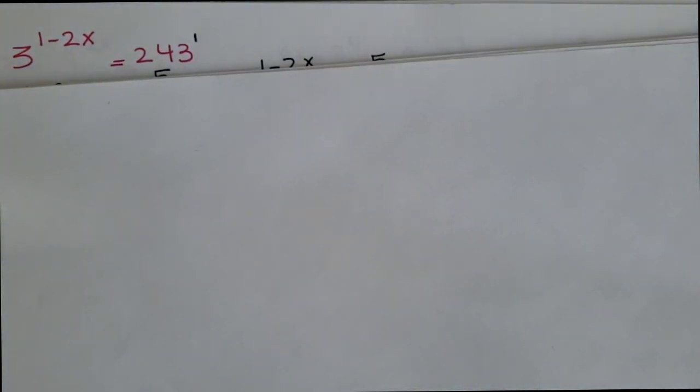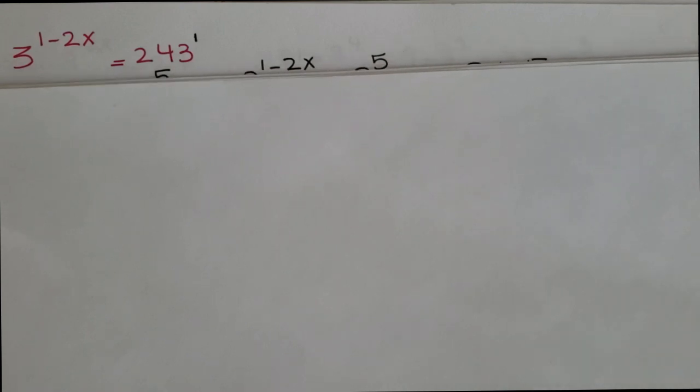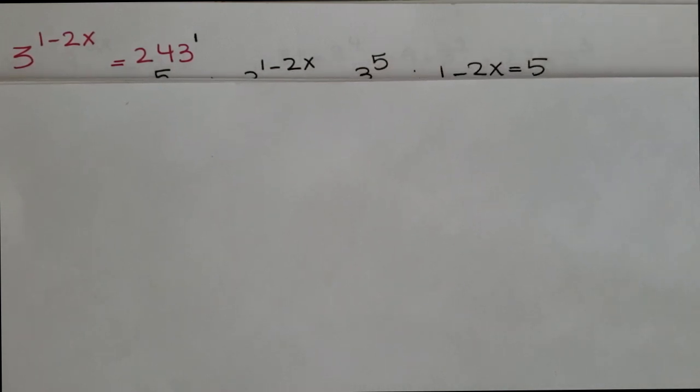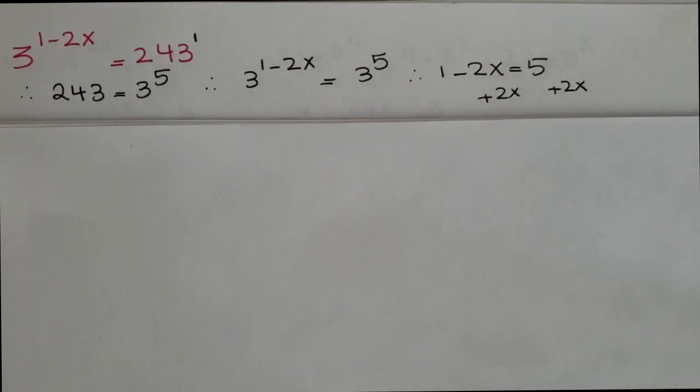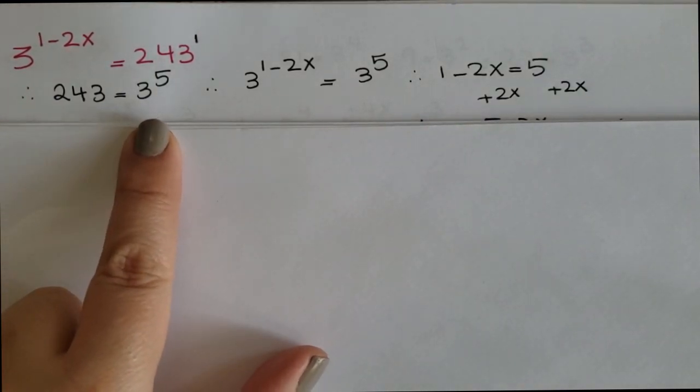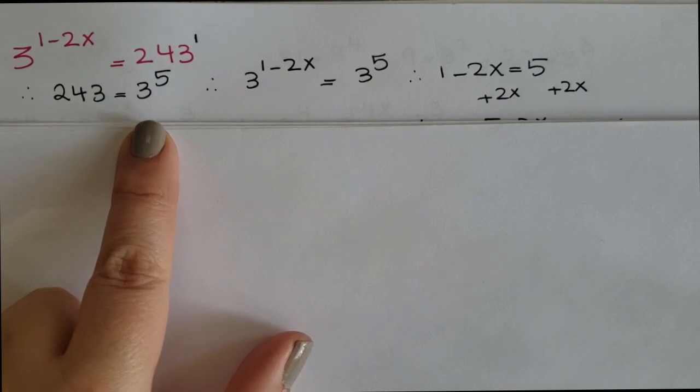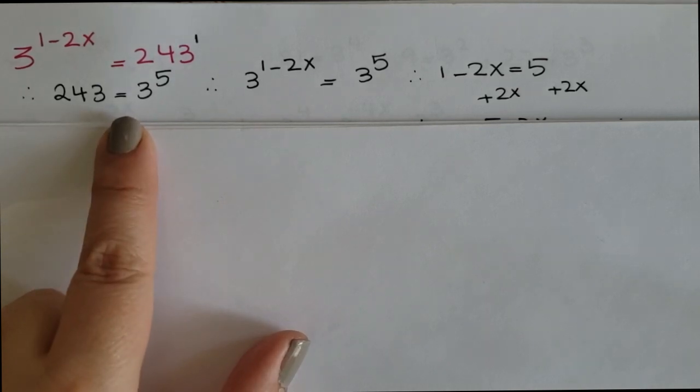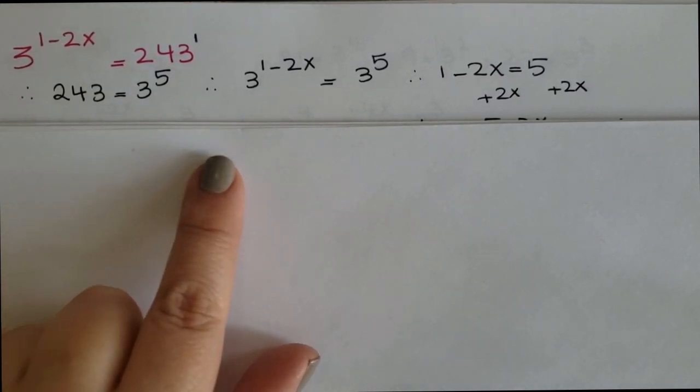Okay, but if you look closely, again, we can convert 243 to 3 to the power 5. Okay, so 243 is 3 to the power 5, and remember, you can get all these answers clearly and so fast by doing so many examples. Practice always makes perfect.